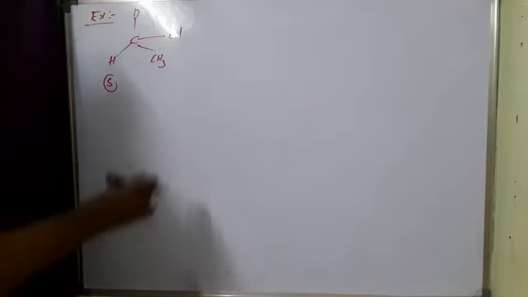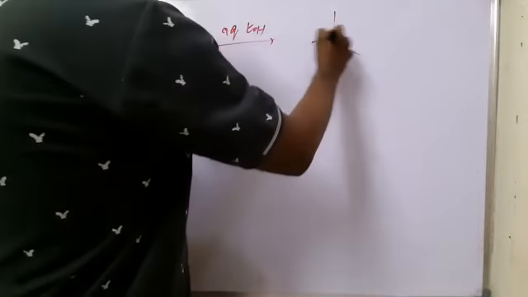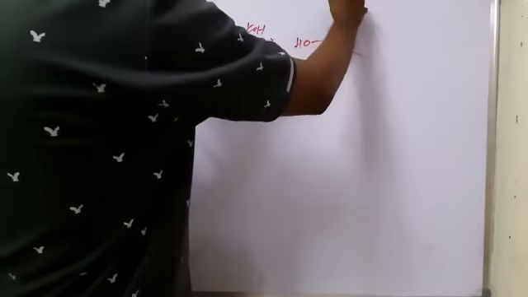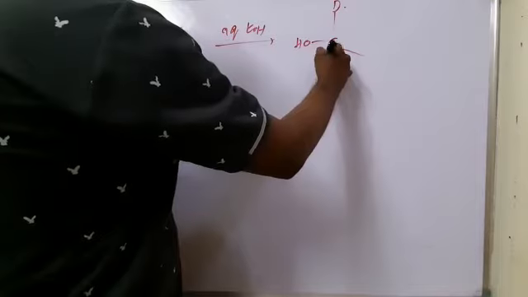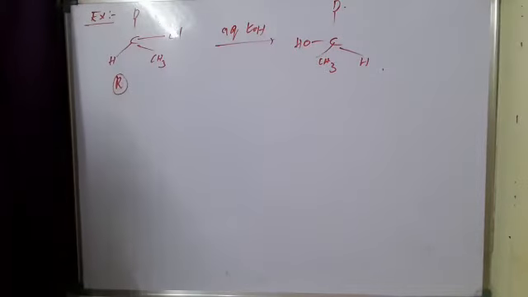Now here, if you use a nucleophile, for example aqueous KOH, the product formation is the opposite configuration, with D, CH3 and H. So this type of product formation takes place.